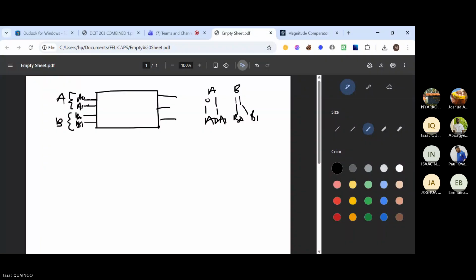So let me do that properly. We are going to have equality, A equal B, A lesser than B, and then A greater than B. Okay, so this is our 2-bit magnitude comparator.